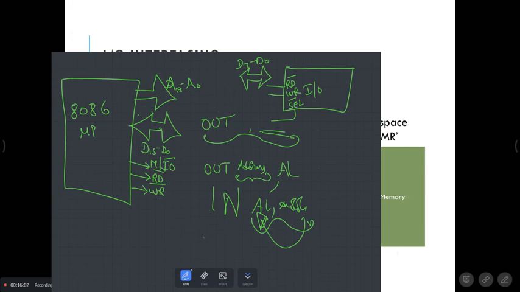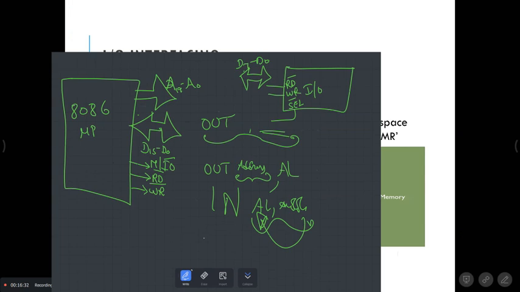Similarly, if the microprocessor wants to read data, you have an instruction called in. Anyway, the address is written in the instruction itself. And where is the data to be read? That will be indicated by a register here. Once the microprocessor reads the data from the IO device, where is it going to keep the data? It has to keep it in its own registers, right?